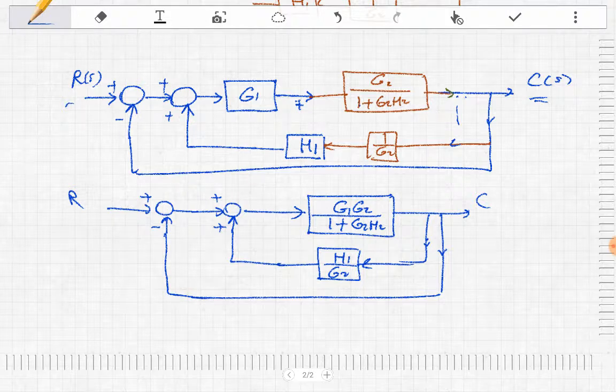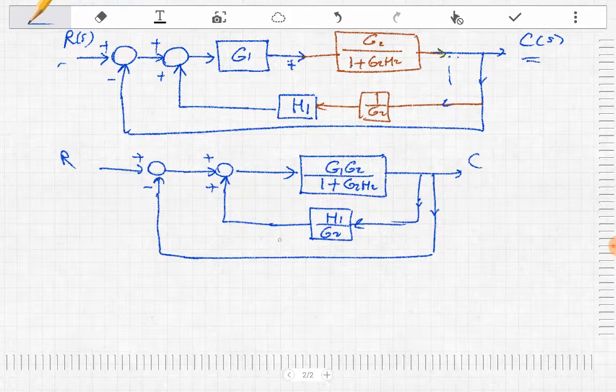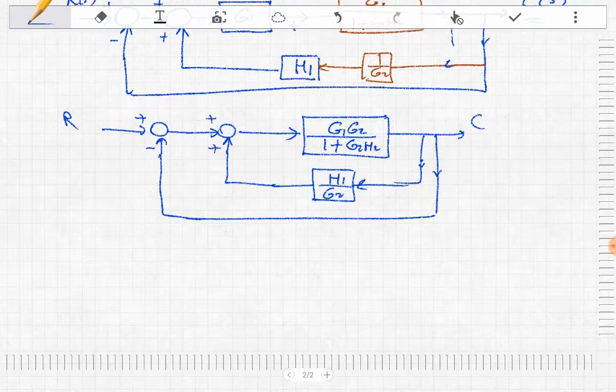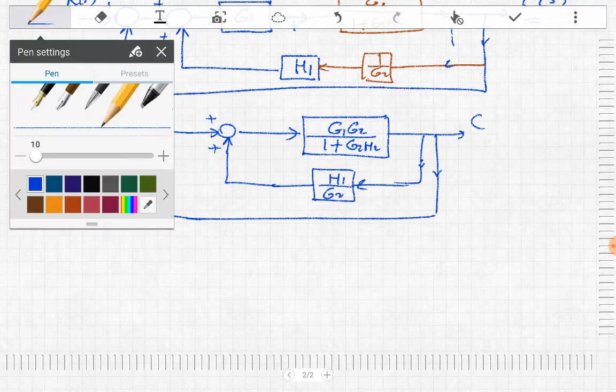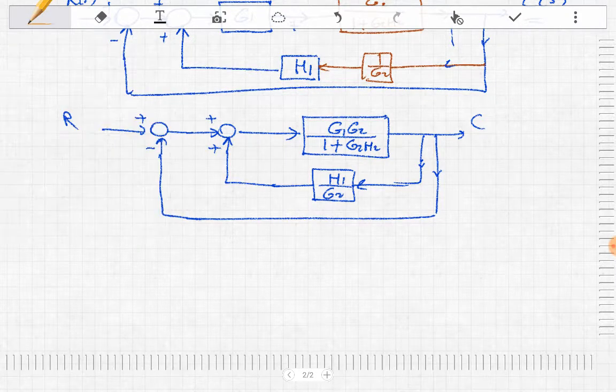Can you now finish it? Yes. What about this one in the middle? Another feedback, right? Well, how do we do it? But you know, when it looks complicated like that, you can call it any name. Like, say, call it G and call it H. So what do you have? G over 1? No, minus GH.